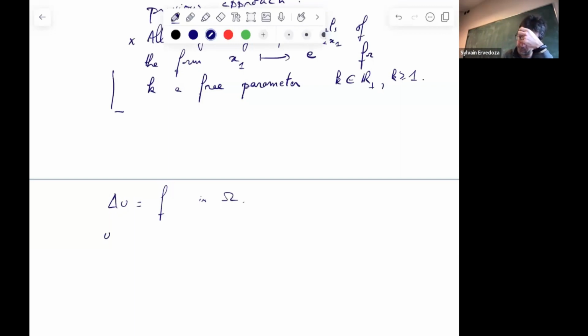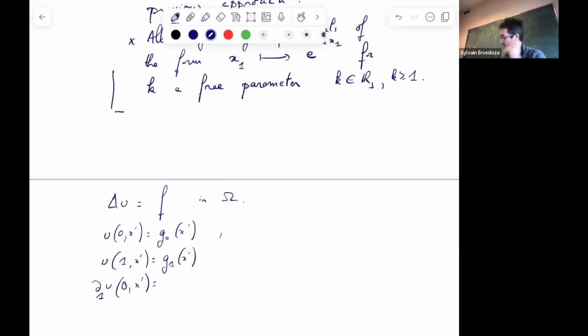So I have u0 x prime equal to something, I have u1 x prime equal to something, and d1 u0 x prime equal to something. So I will call this one gn of x prime. Okay, so you see I am in that setting.